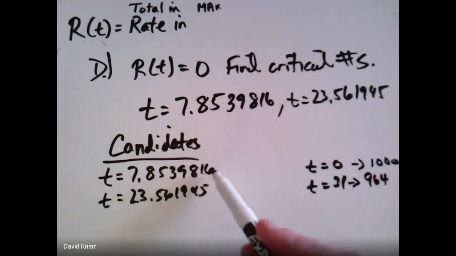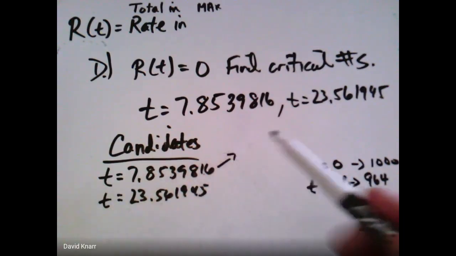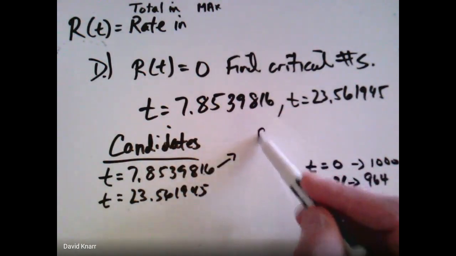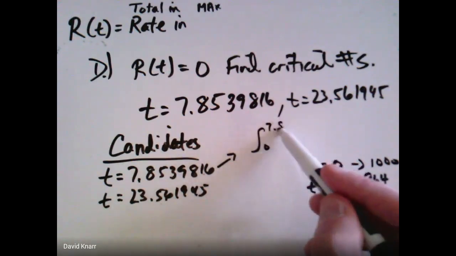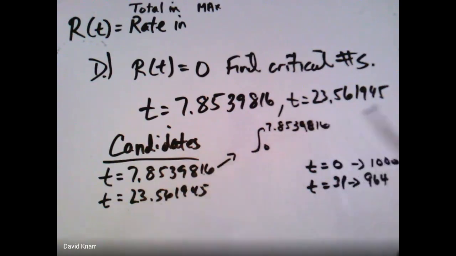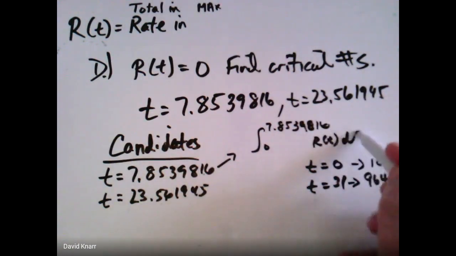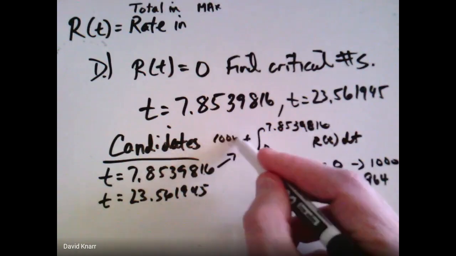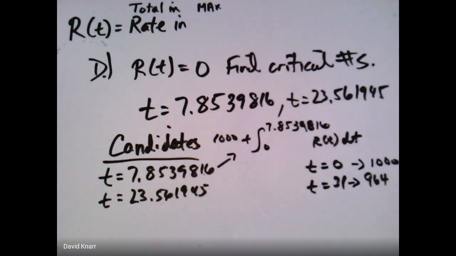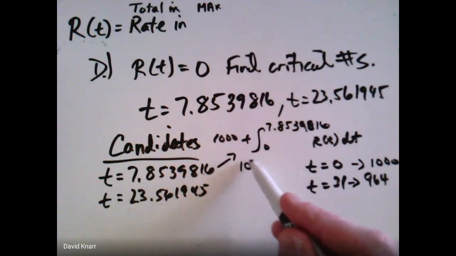All right. At these 2 values, you would need to integrate from 0 to 7.8539816 R of T dt and add on the 1,000 you started with. If you do that properly, you'll come out with 1,039, if we're rounding to the nearest whole number.